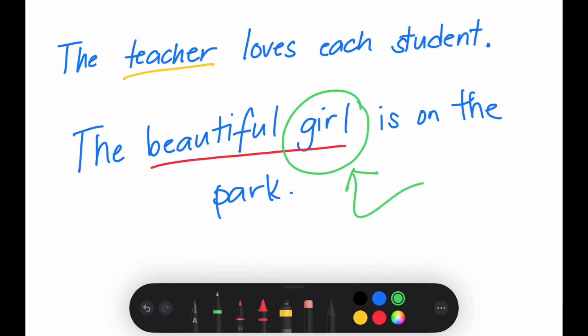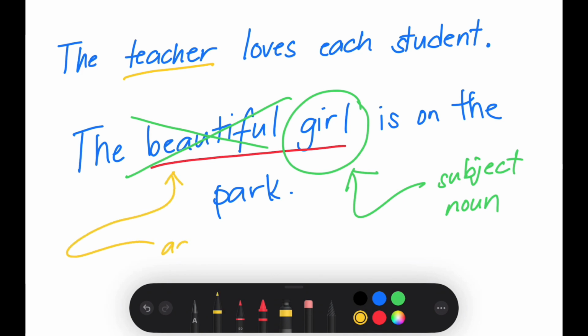This is only the subject noun. Hindi included ang beautiful. Oh, this is the adjective. So, I'm gonna discuss more about adjectives later in the next video. Alright? So, please understand that the subject noun, the simple subject, is just the girl. Hindi kasama si beautiful. Alright, kids?